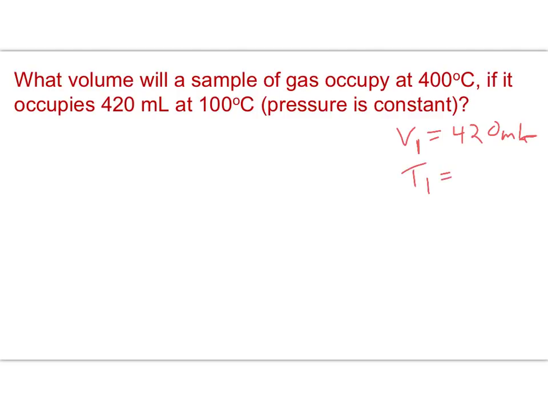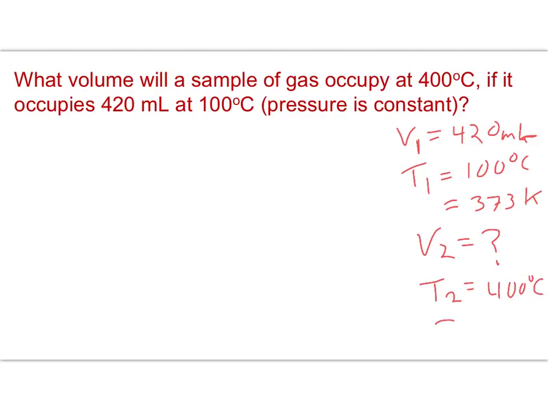T1 is 100 degrees Celsius, but in Kelvin that's 373 Kelvin. Remember, you have to add 273 to convert Celsius to Kelvin. V2, what volume will a sample of gas occupy? That's the question. And T2 is 400 degrees Celsius, which in Kelvin is 673 Kelvin.